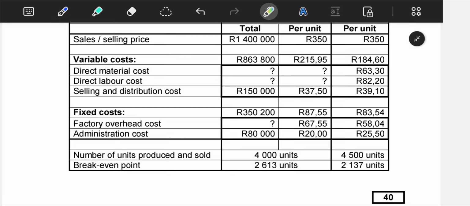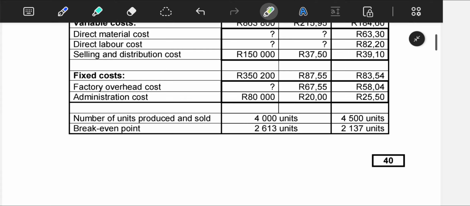So if we produced 4,000 units and 1 unit is 1.8 meters, and we have issued 7,875.